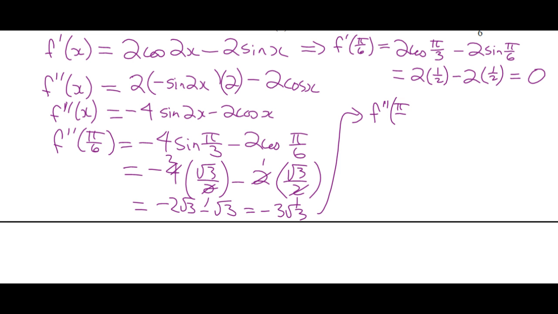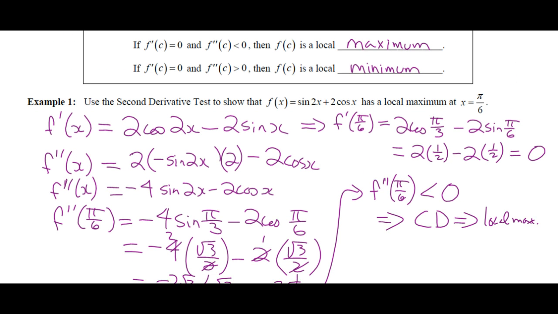It's less than 0, which leads to us saying that it is concave down. Less than 0. Sorry. And if it's concave down, then it has a local maximum, which was what we were supposed to show, right?